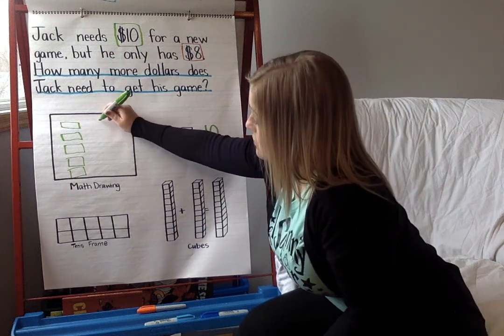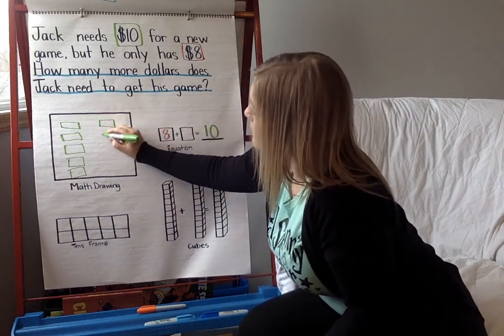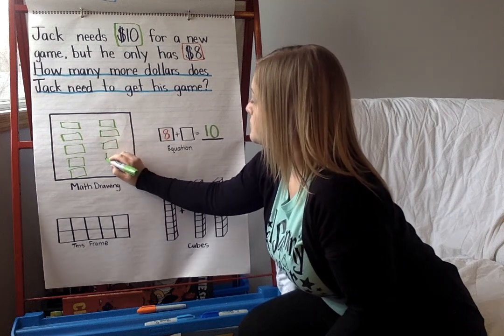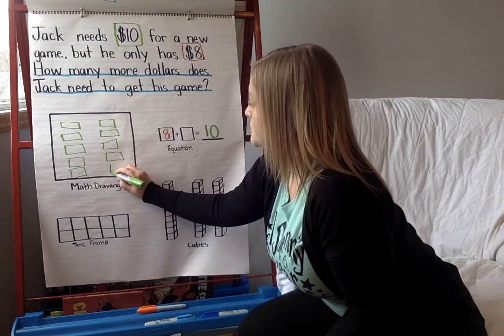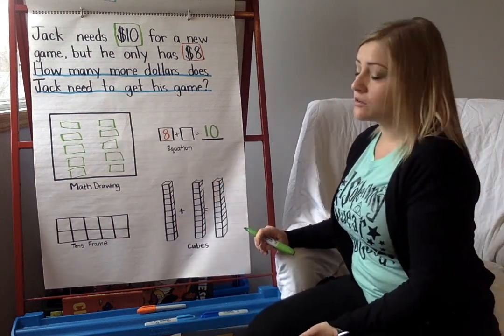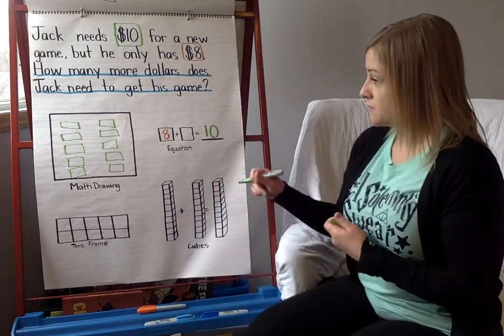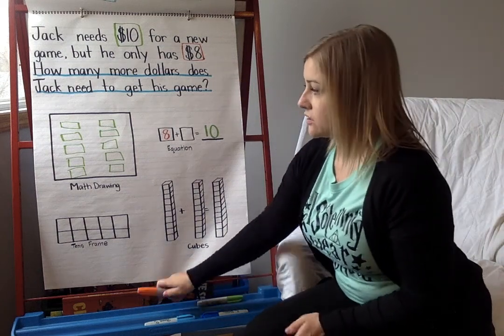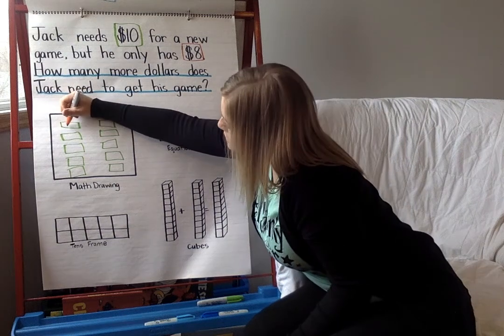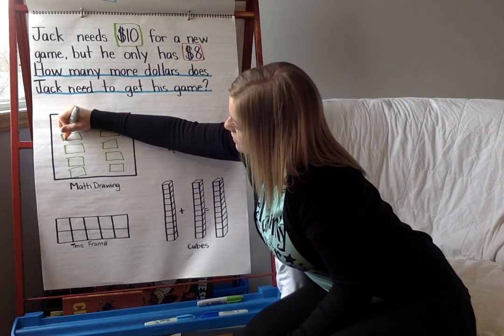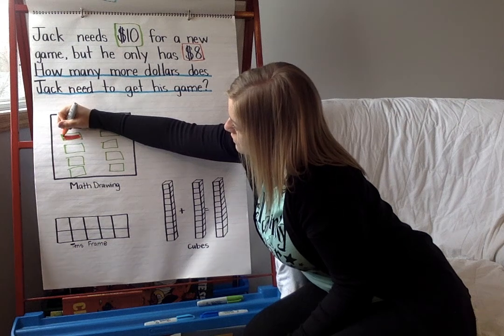I know you guys could do better rectangles than this. So up here I have 10 rectangles for dollars. Now we know Jack has $8 already. So I'm going to color in 8 of our dollars orange.